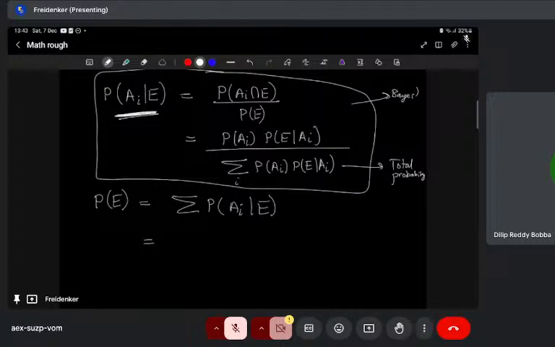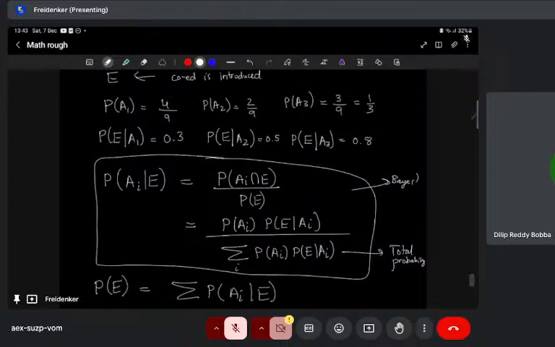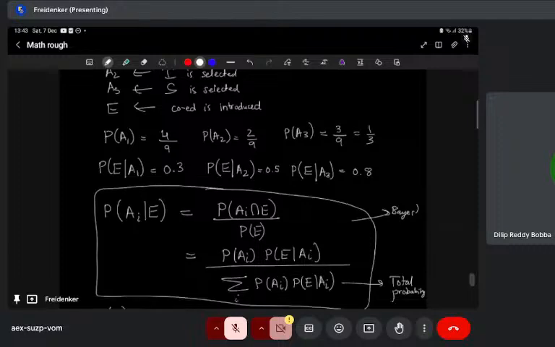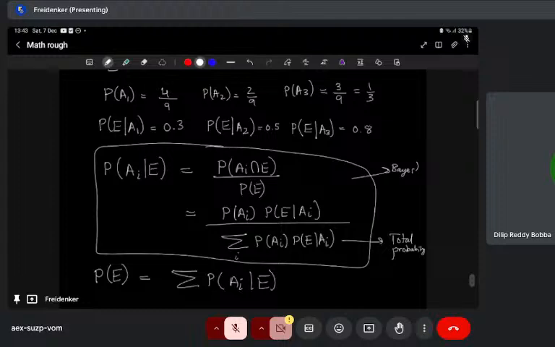To find such probabilities, you have to use Bayes theorem, because we only have information about the probability of co-education being introduced given a certain person was selected. Bayes theorem is like the opposite: probability of someone being selected given that co-education is introduced. So in those cases, Bayes theorem will help us.